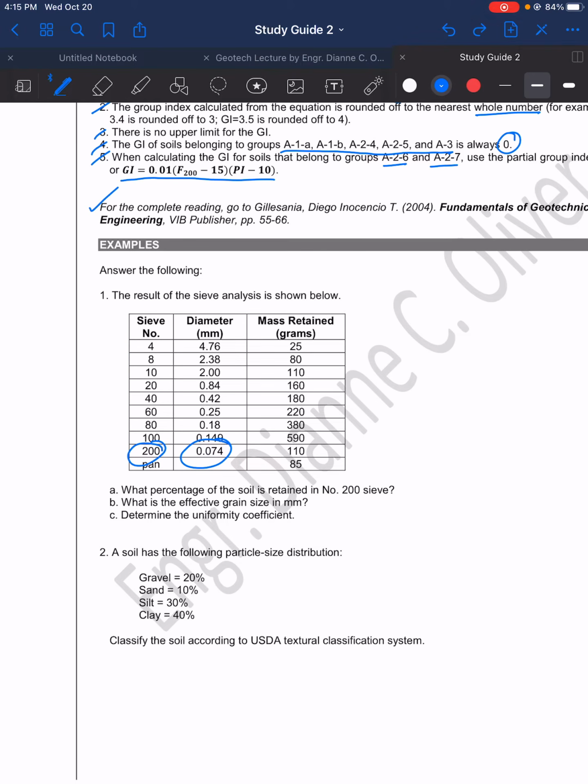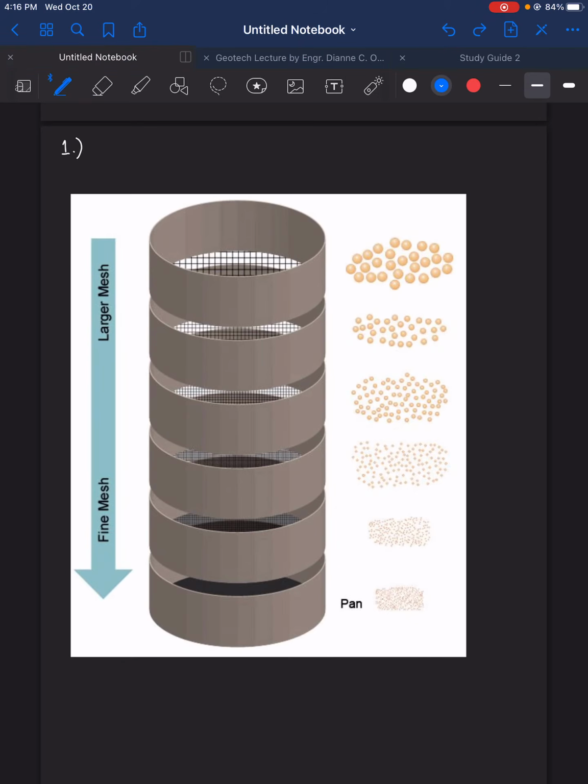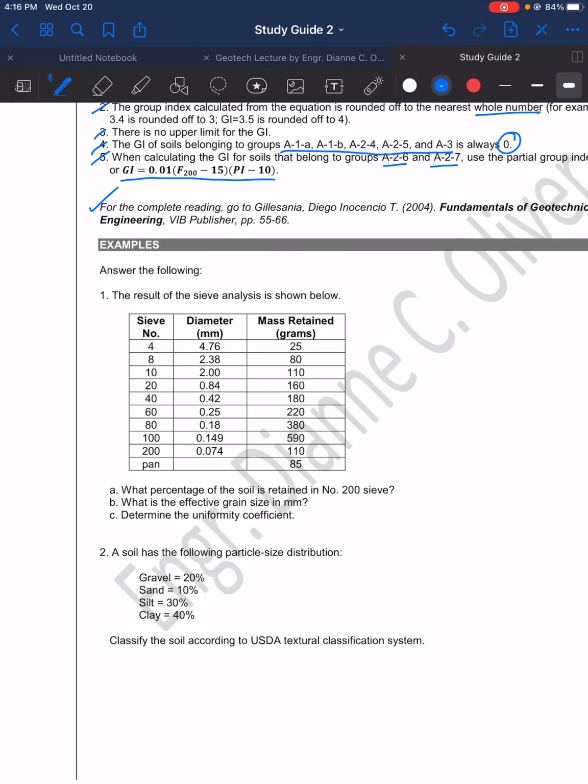Okay? The diameter for sieve number 4 is 4.76 mm, whereas the diameter for number 200 is 0.074 mm. Okay? So you can now understand why if we stack the sieves, you will locate number 200 here, whereas you will locate number 4 here. So that's how you stack the sieves. Right? Now, again, let's go back to explaining what mass retained means.